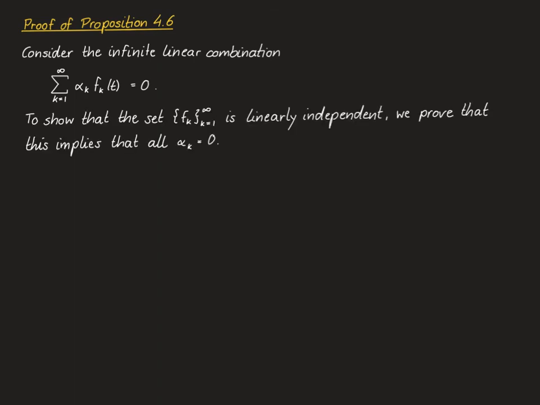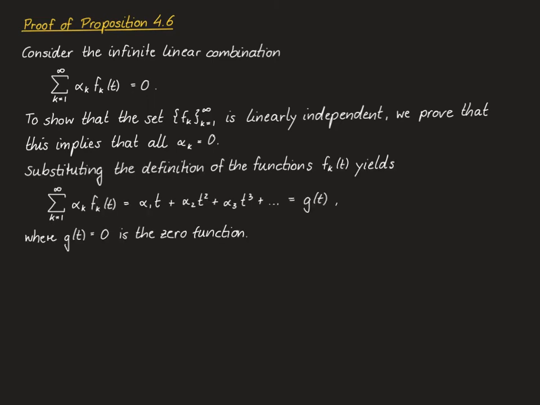For the proof of proposition 4.6, consider the infinite linear combination of functions fk and set this infinite linear combination to 0. If we want to show that the functions fk are linearly independent, we have to show that this implies that all of the scalars alpha k must be equal to 0. First, let's substitute the definition of the functions fk of t into the infinite linear combination.